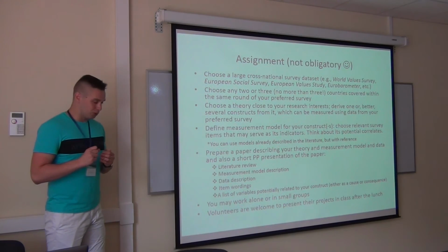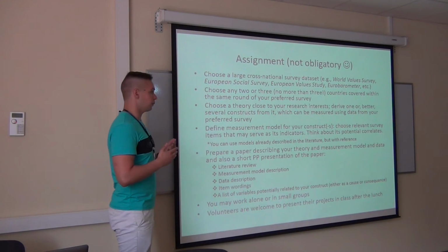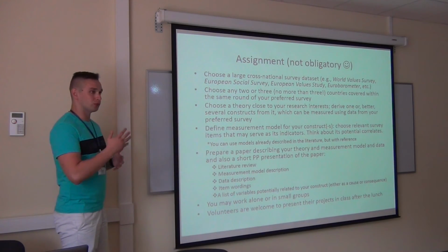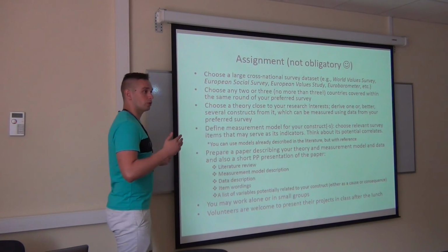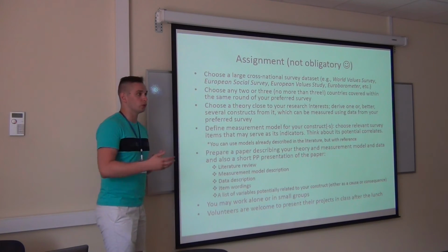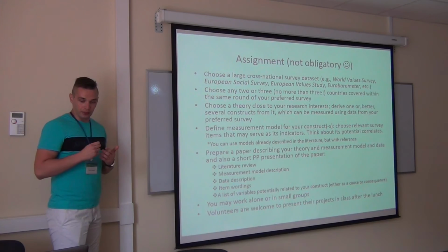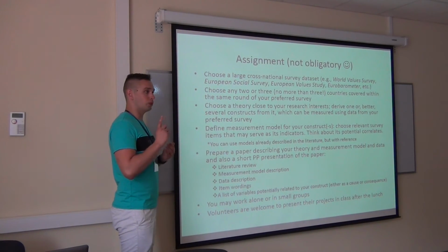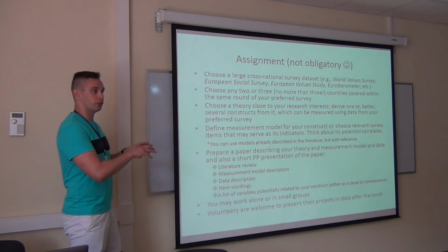Then choose a theory which is close to your research interests. You can use actually any model presented in the literature, not as reference, or maybe you can use your own theory which you try to test in your research, and derive at least one, or better 2 or more latent variables from this theory.